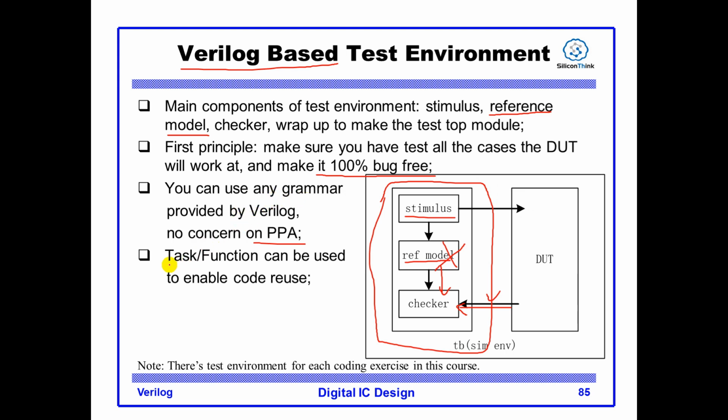Tasks and functions can be widely used in the testbench to enable code reuse. Okay, this is the basic concept of writing a testbench or test environment. And there is a test environment for each coding exercise in this course. Then you can study how to write a test environment from examples.